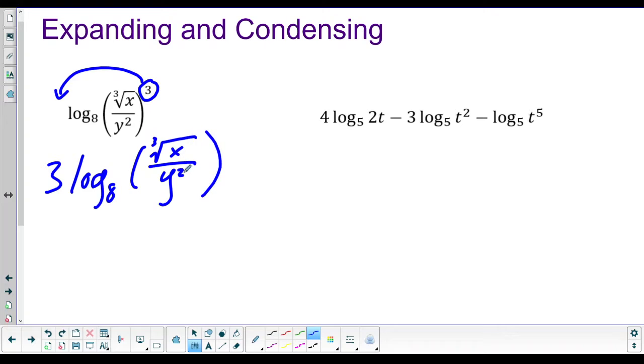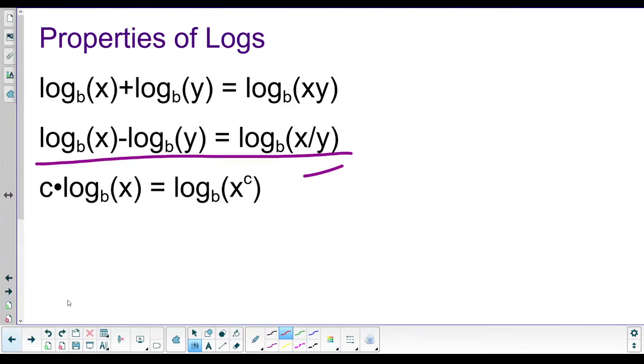All right. Now, these exponents and stuff, we can't really just throw them out in front because they're two different ones. So what we're going to do is separate the numerator and the denominator of this using our quotient property. Because we have a fraction and we're dividing, it's going to turn into subtraction.